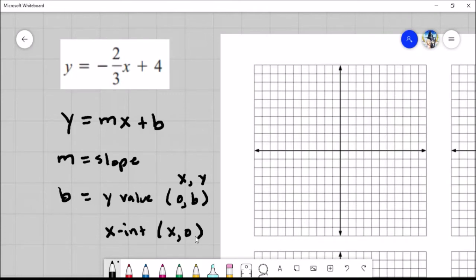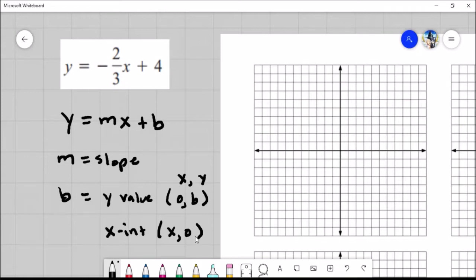You will notice whenever you graph any type of linear equation that the intercepts intersect the x-axis or y-axis. That is why they are called the x and y intercepts.